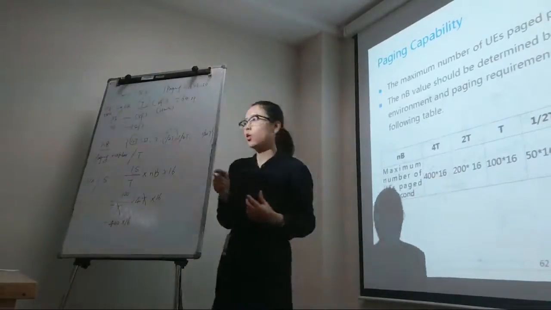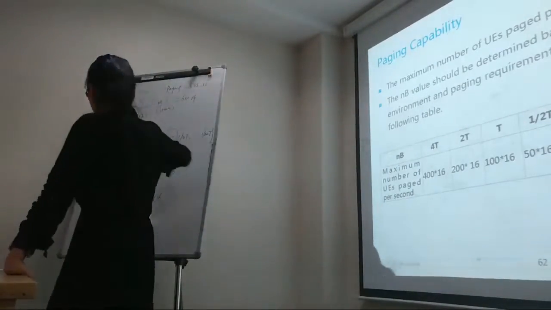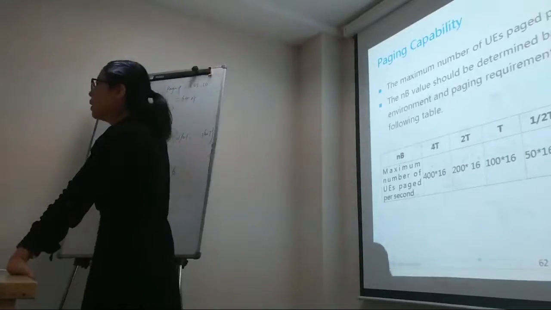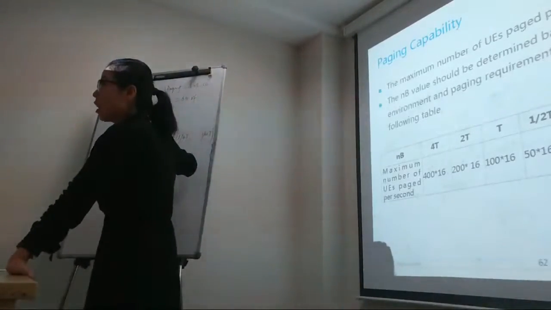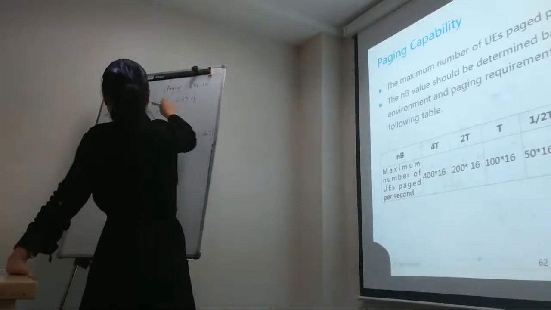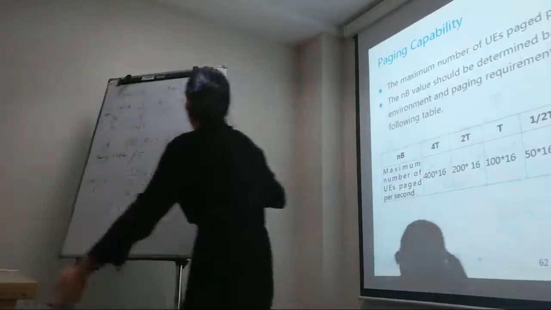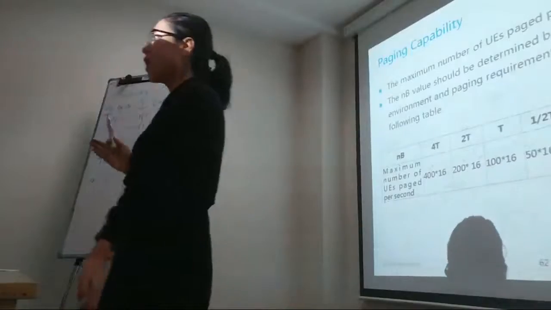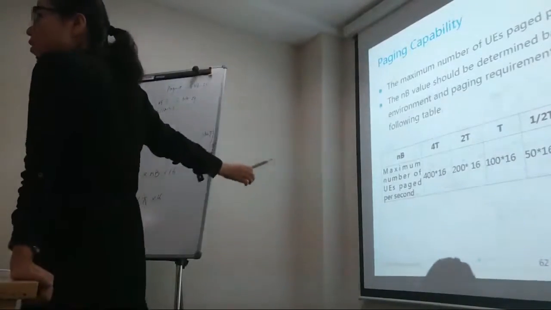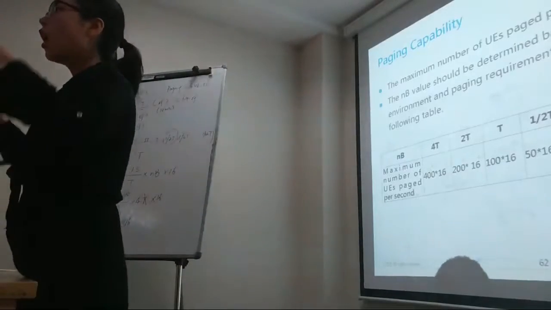How to get this value is we first set 1T, but you can see here, because NB has 4 times T, 2 times T like this, no matter which value you set for T, it doesn't affect the maximum paging number. It just affects how long until the UE receives 1 PO.